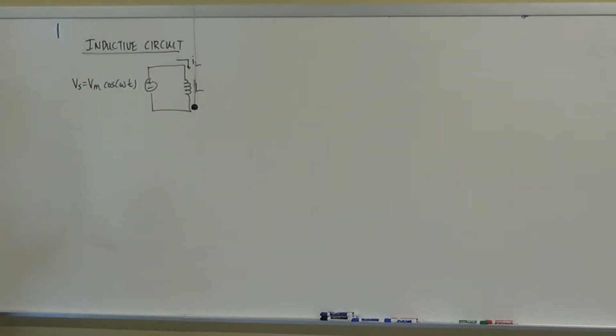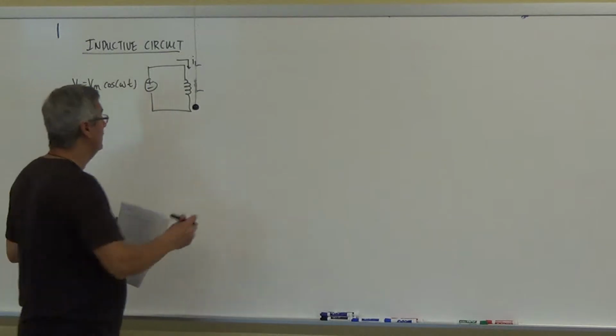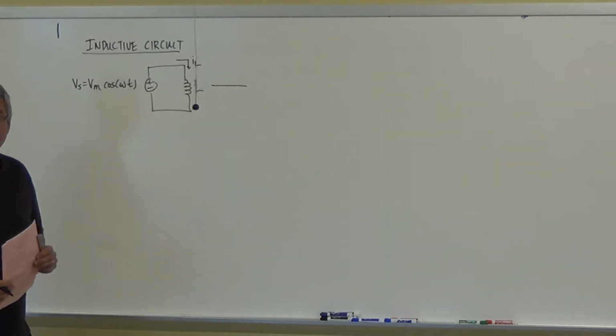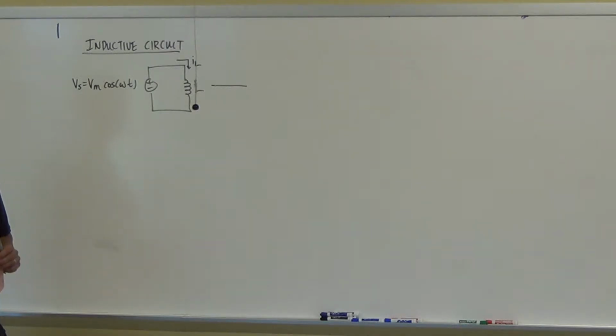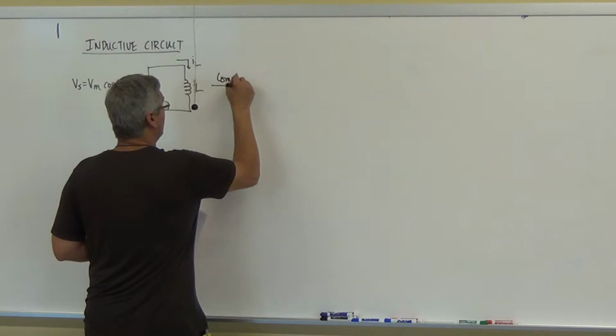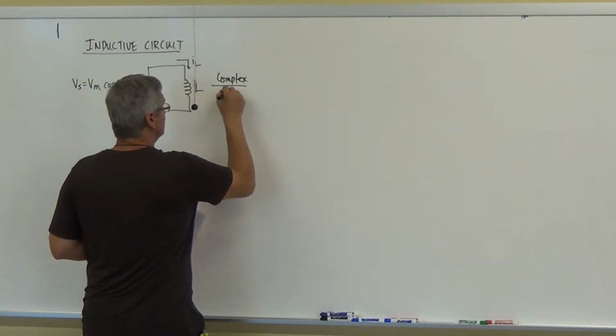So now, what am I going to do? I'm going to assume a complex solution, like we already talked about. Instead, I'm going to map it to the complex plane. So now I have a complex solution.